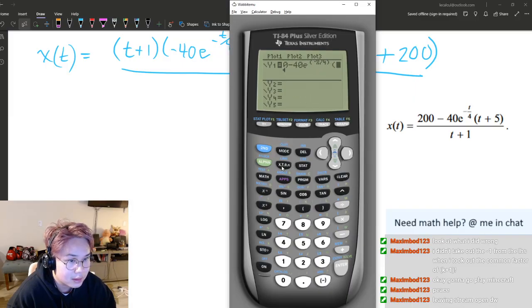I hate calculator questions. Okay, close this, divide this by t plus 1. Change my window because they specifically said between 0 and 60 seconds. And then let's see what's going on here.